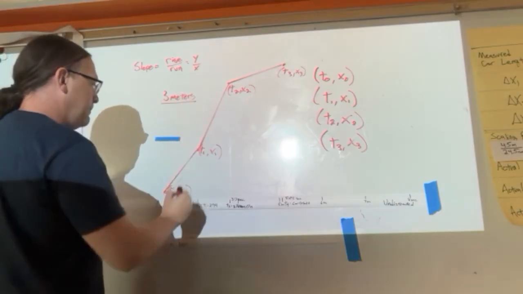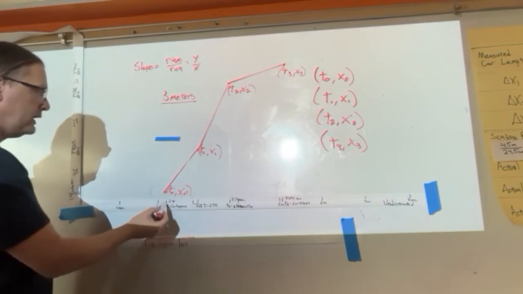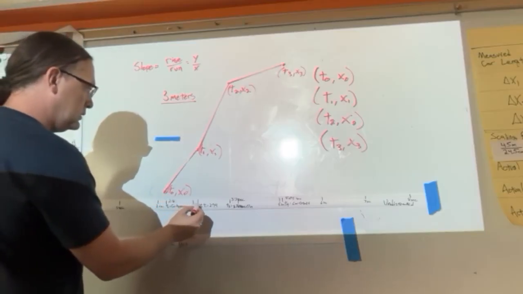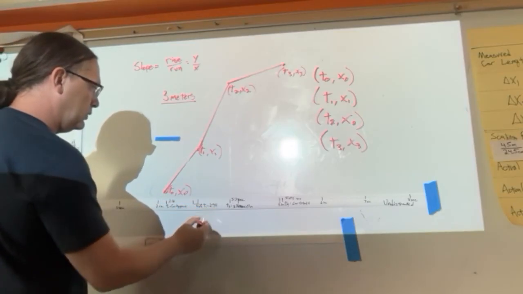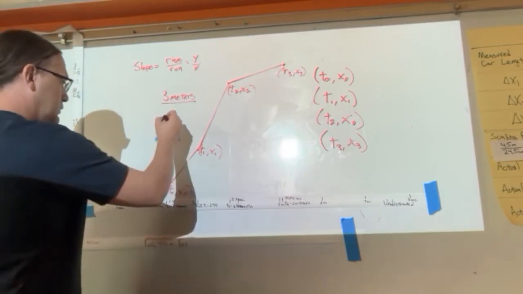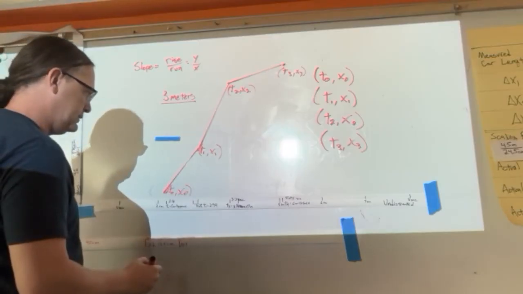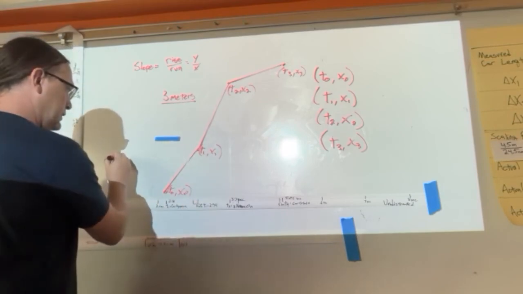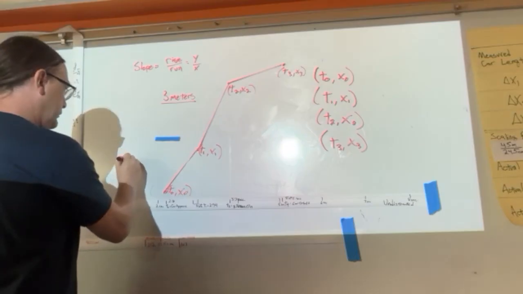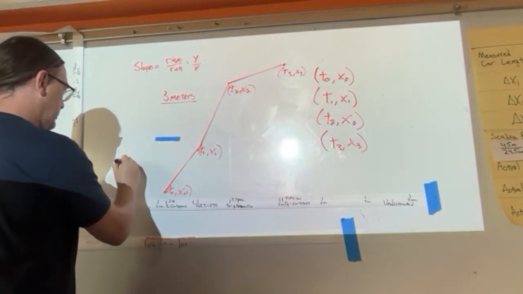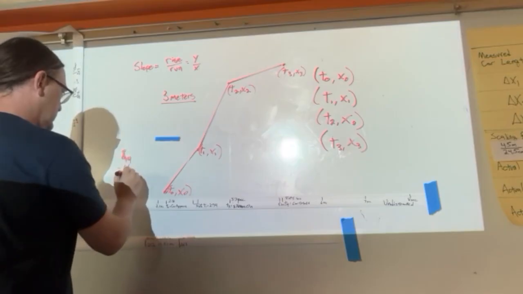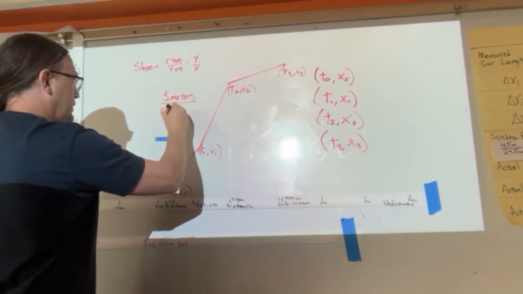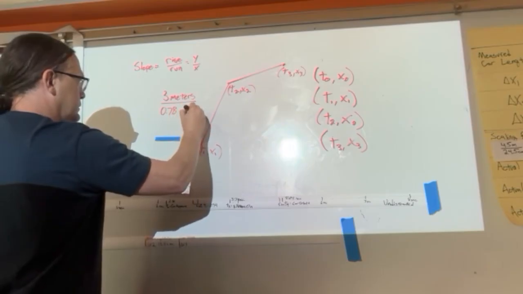And that time interval is from 2.16 to 2.94. So let's see, if I subtract 94 minus 16, I'll get my answer: 78. So that's 0.78 seconds.